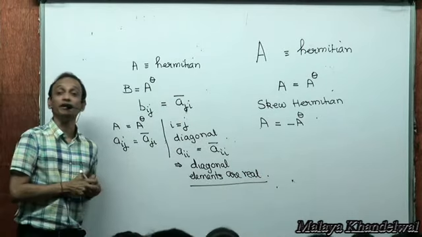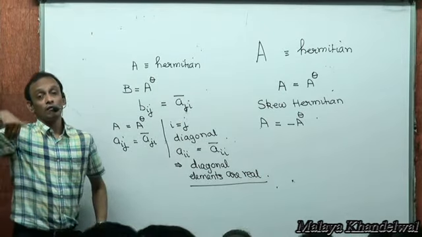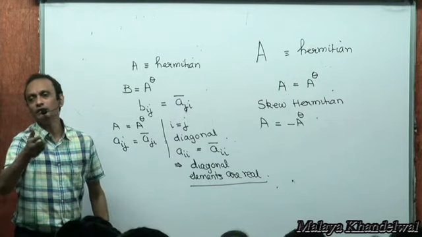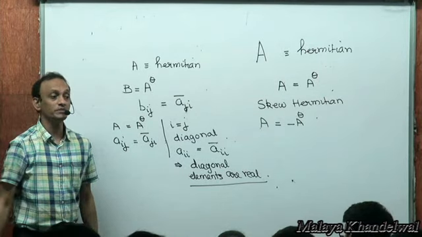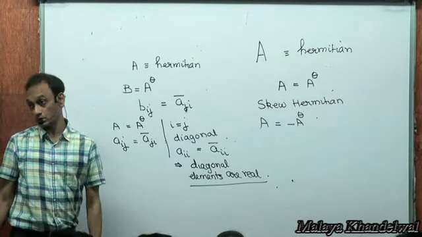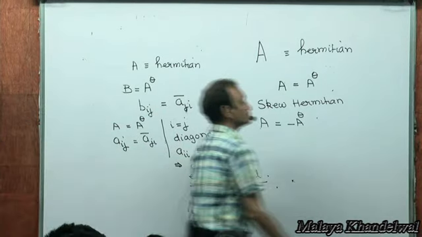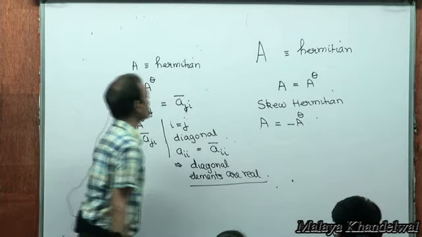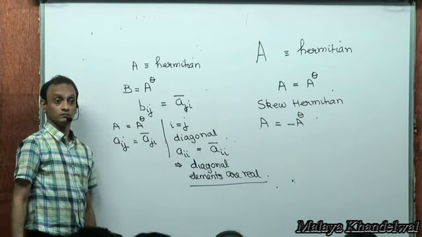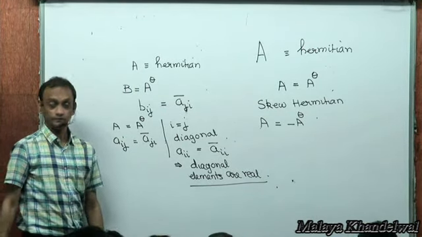In every Hermitian matrix, diagonal elements have to be real. Clear? Yes or no?